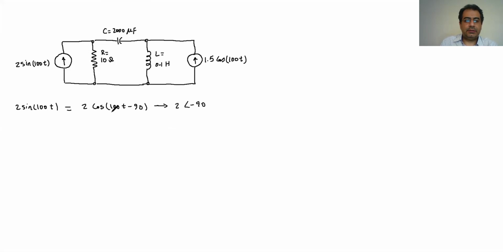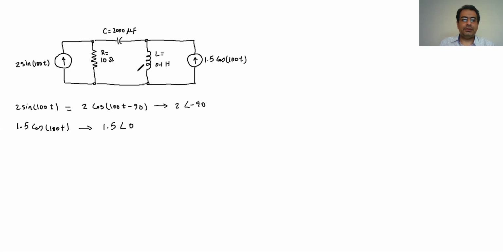The second source that I have here is 1.5 cosine 100t, and because it's a cosine, I can write it directly as 1.5 with angle of 0, because theta is 0 here. Remember that I can use this calculation in a phasor because both of them have the same omega t, the 100.